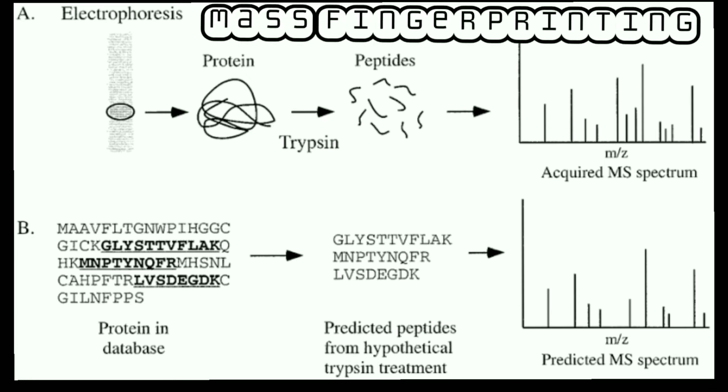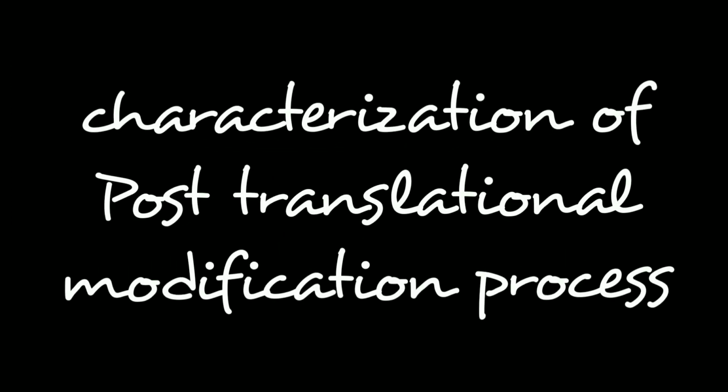The unknown sample is digested with the proteolytic enzyme trypsin to produce fragments that are analyzed by MALDI MS. Post-translational modification processes like phosphorylation of hydroxyl groups in serine and tyrosine residues, etc., can easily be detected by MS.